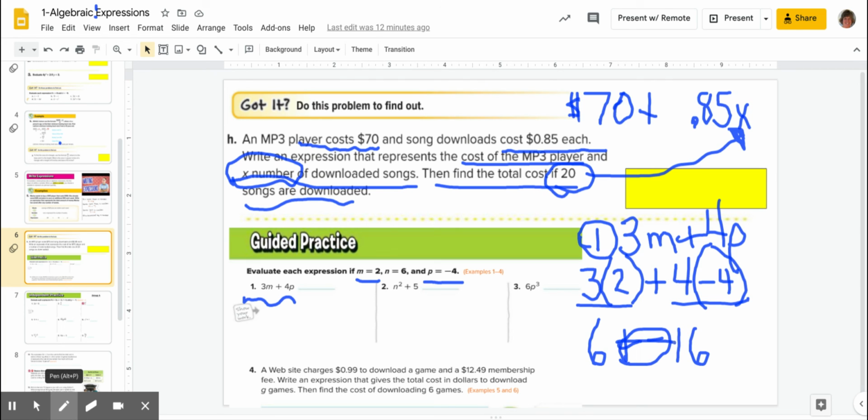These two signs make 1 minus. 6 minus 16 is a negative 10. At this time, you will solve number 2.